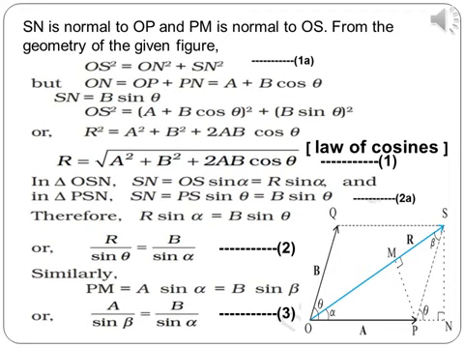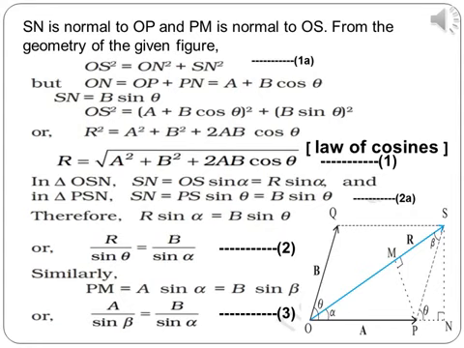And in the right triangle PSN, sin theta is equal to SN divided by PS. So SN is equal to PS sin theta, which is equal to B sin theta. These two expressions are represented by 2a.